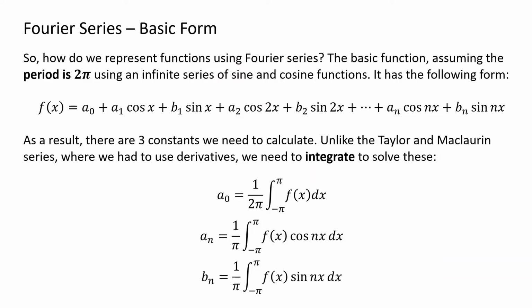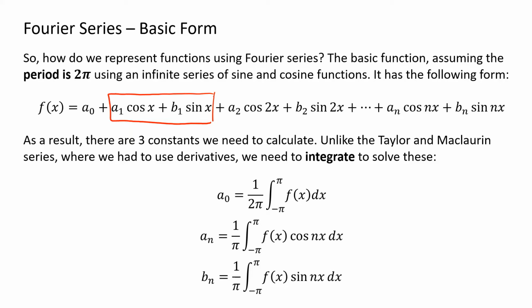Now that you've seen it visualized, how do we represent these using a Fourier series? Well, like I said, we are combining sine and cosine functions together. So what we have here is just like in the Taylor series: we start with an initial constant that's not multiplied by any x function, and then we add a cosine of x and a sine of x with their appropriate constants.